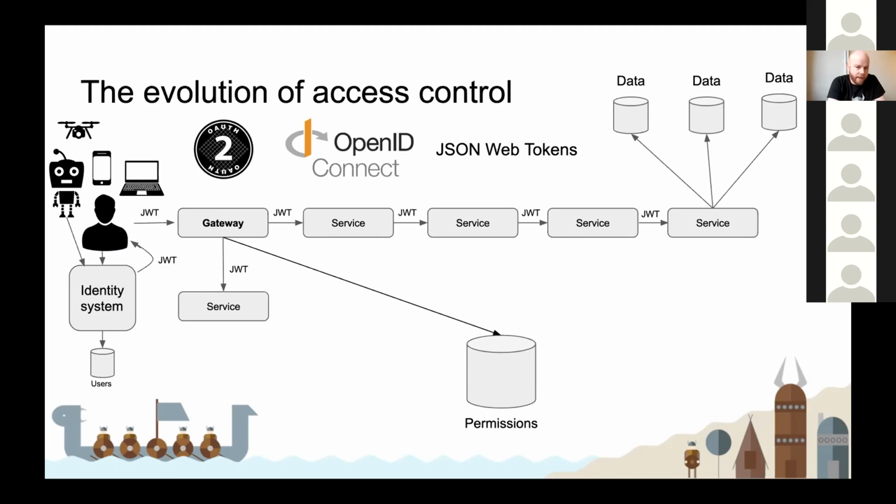So you might have a cron job running inside of your cluster, or you might have internal users, or you might have other types of users, even externally, that for whatever reasons don't want or should not go through a gateway. So in those cases, you'd still need to do some access control in your services.